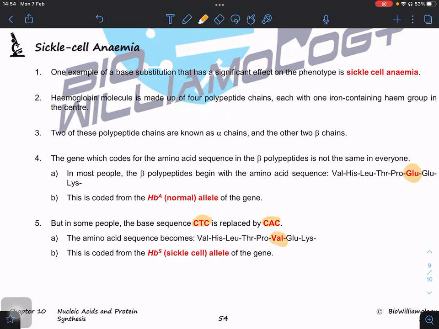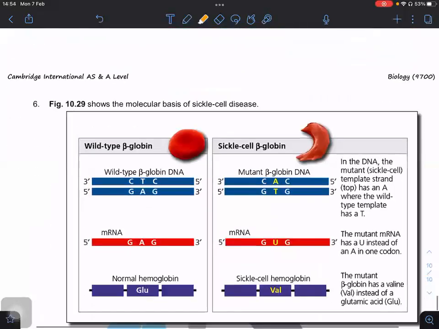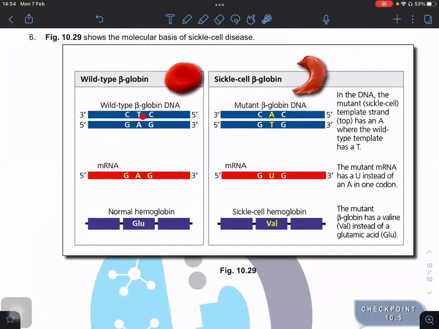The R group is non-polar, hydrophobic, so it decreases the solubility. Therefore, the cells tend to become sickle due to the polymerization, or the fibrous aggregations of the hemoglobin. So in this diagram, you can see that the T becomes A. Therefore, glutamic acid now changes to valine. It causes the sickle shape of the cell.